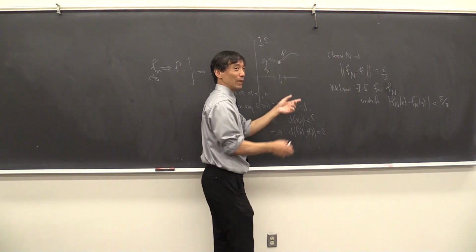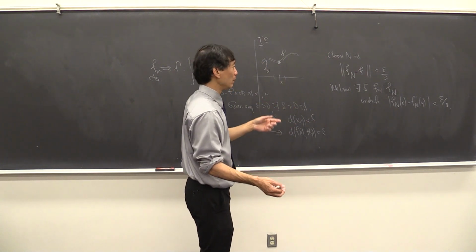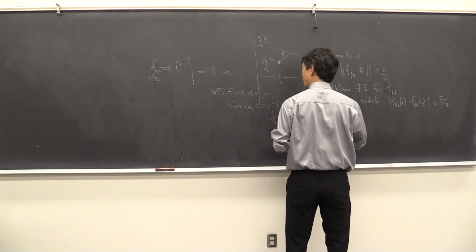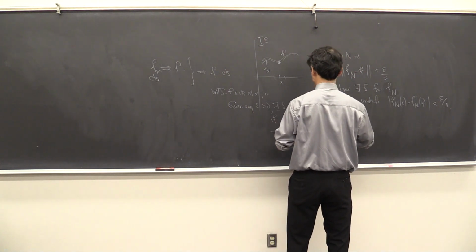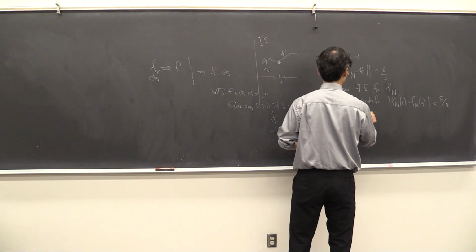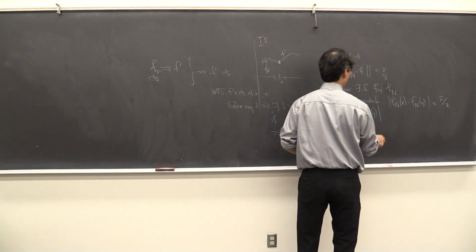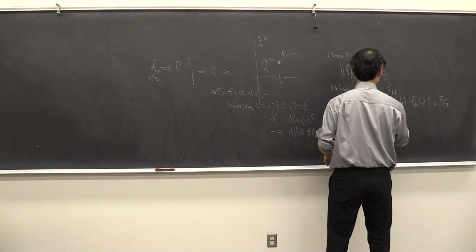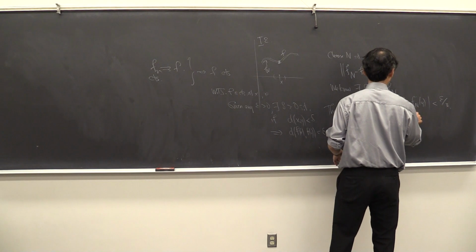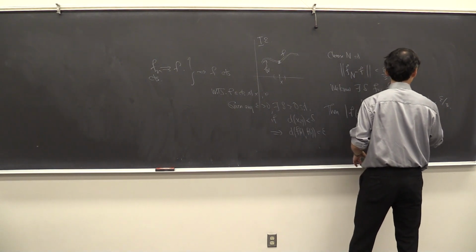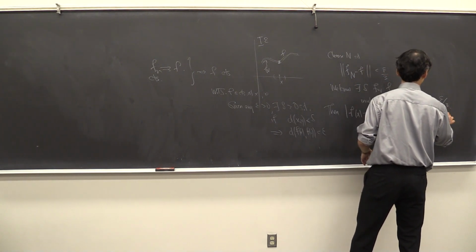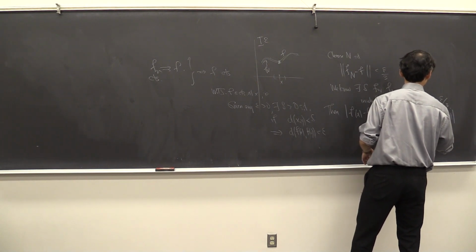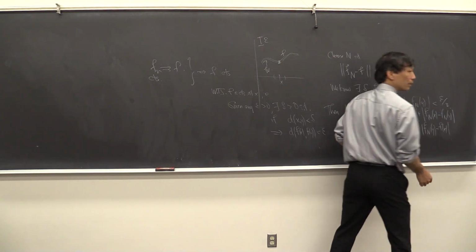Then you just use the same old standard trick. If we're looking at f of x and f of y, we know the distance is smaller than the distance from f of x to f sub n of x, plus the distance from f sub n of x to f sub n of y, plus the distance from f sub n of y to f of y.